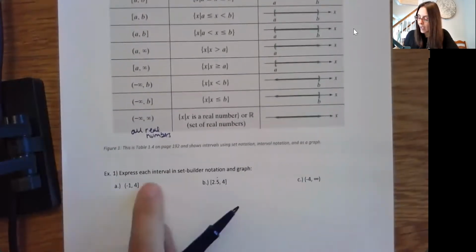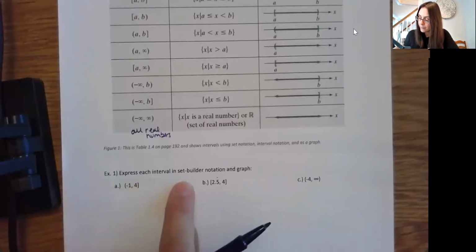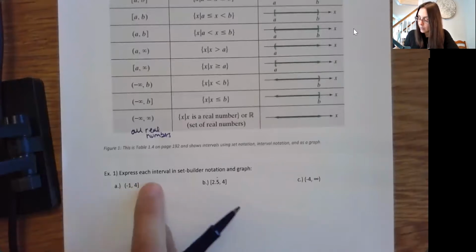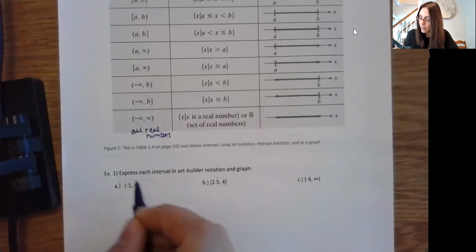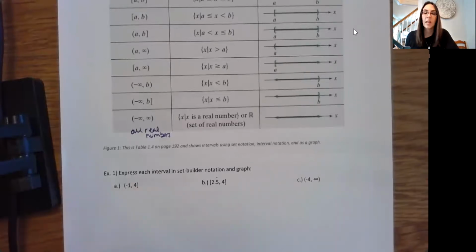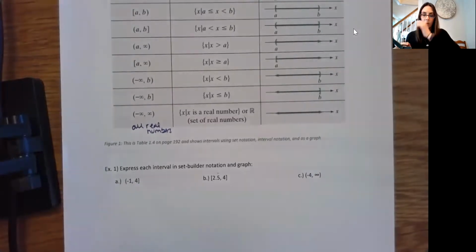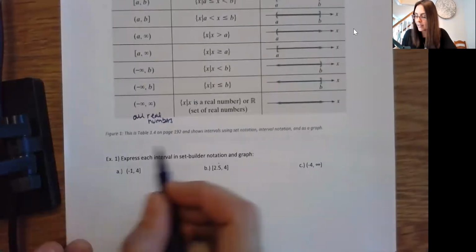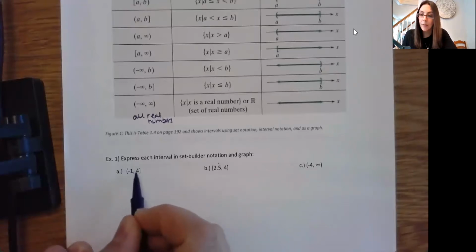So here you have your intervals listed in interval notation, and we're going to transfer them to set builder notation and graphing. Just really getting used to three notations here. I'm just going to stick with X for our variable. Here, what this says is that we're starting at -1 and we're going up to 4.